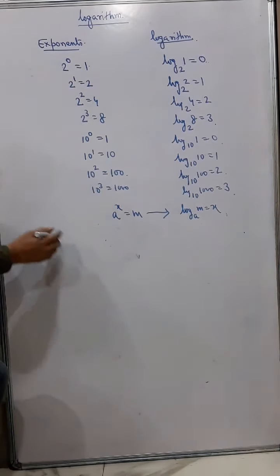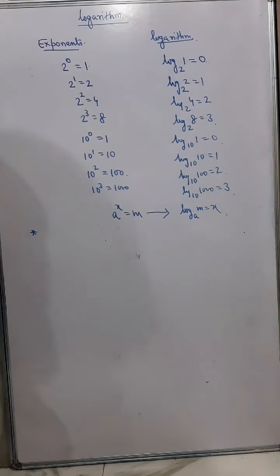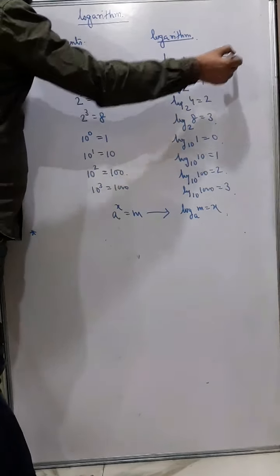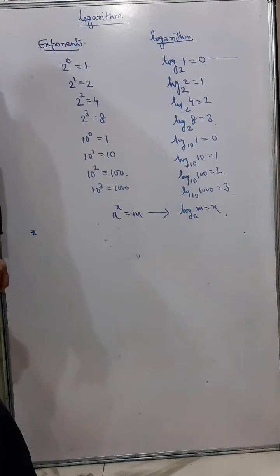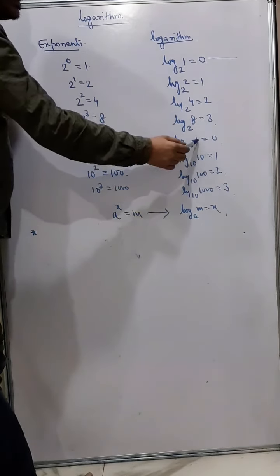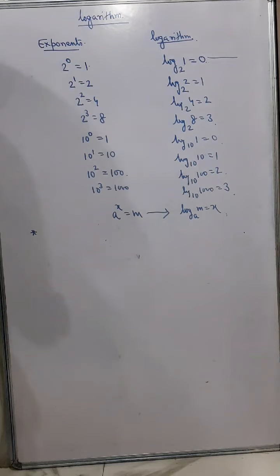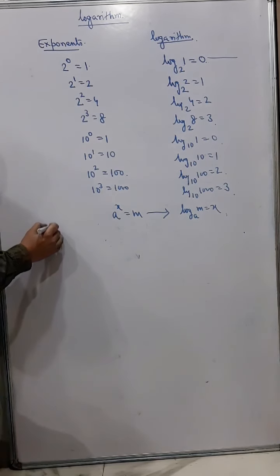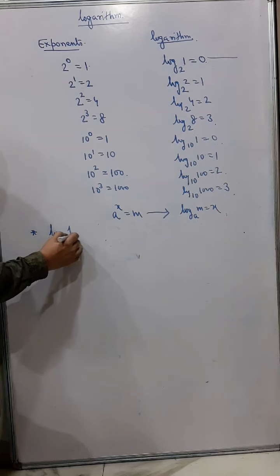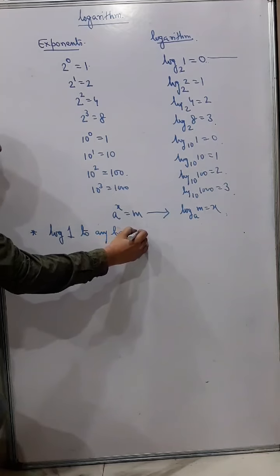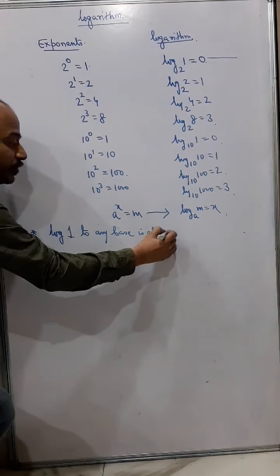Now if we see these values, we can come to a certain conclusion. You see here log base 2 1, the value is what? 0. Again if you see here log base 10 1, that value is also 0. So like this, remember that log 1 to any base is always 0.